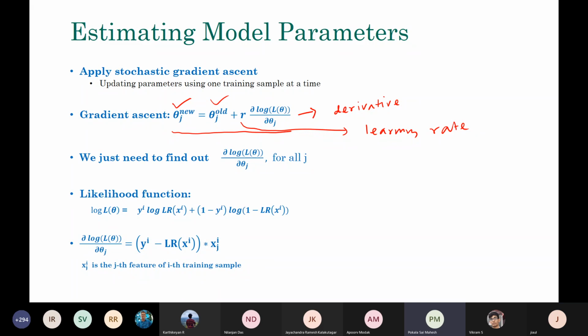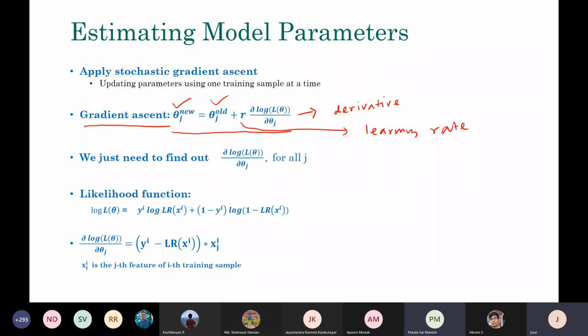So you are not updating theta j with theta j new. How can we change the value of theta j? Here is this iterative definition. If you look at this line here, theta j new is equal to theta j old plus r into this. Okay. Yes, sir, but you are not updating theta j old with theta j new.